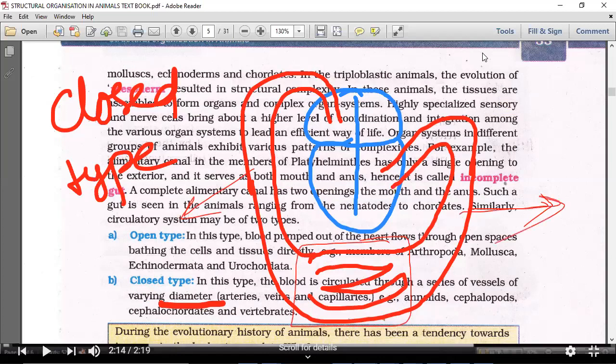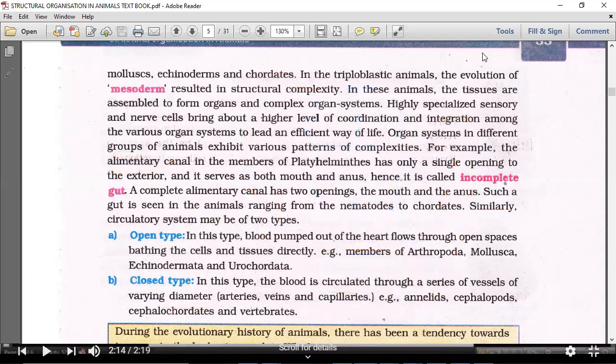This is artery, this is vein, and the box I am showing is capillary. So we call such kind a closed vascular system. Annelida, cephalopoda, cephalochordates, and vertebrates exhibit this kind of closed type of circulatory system.